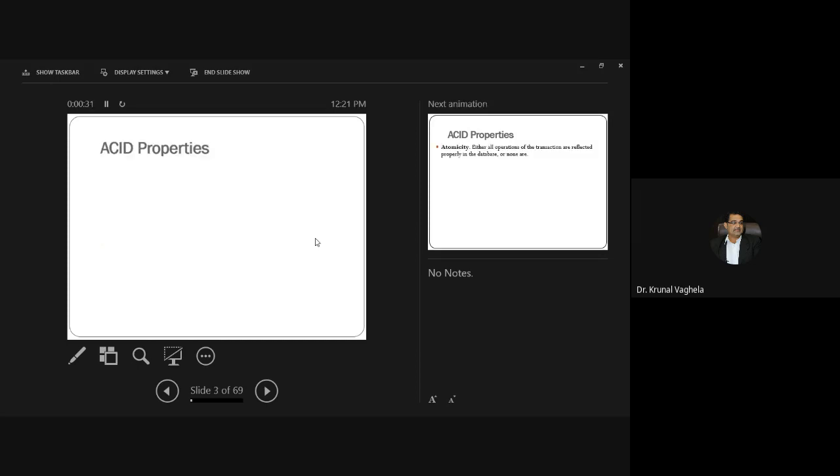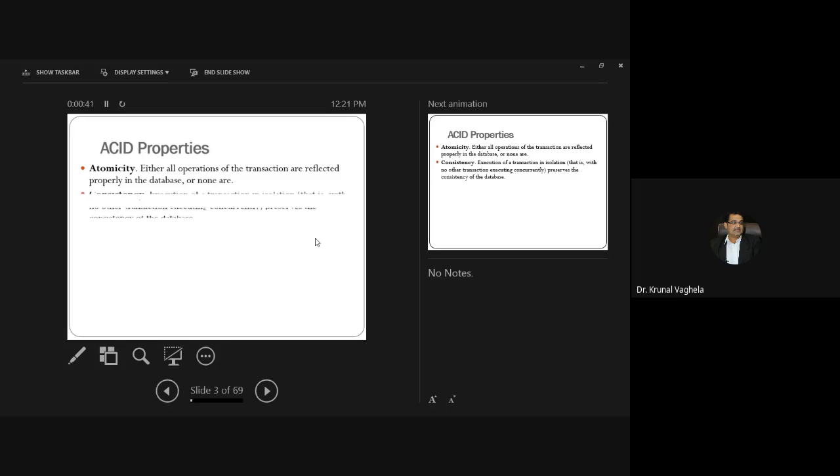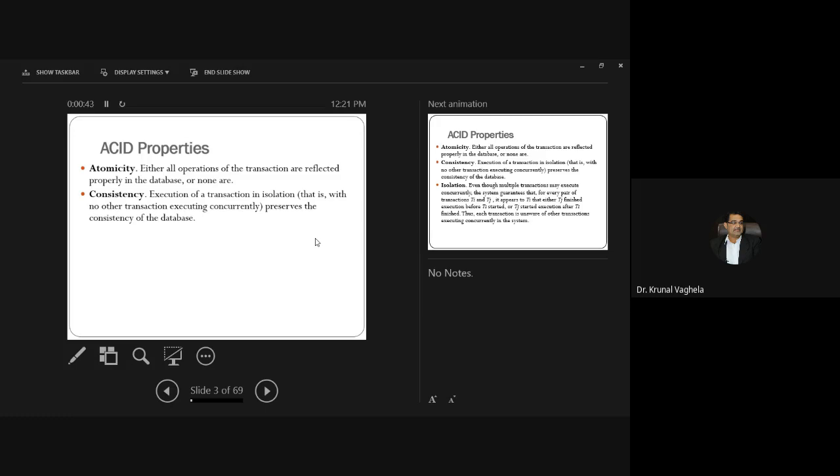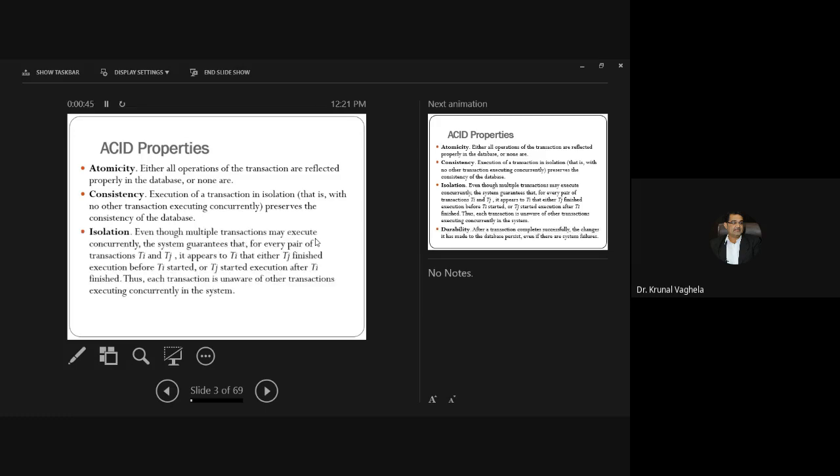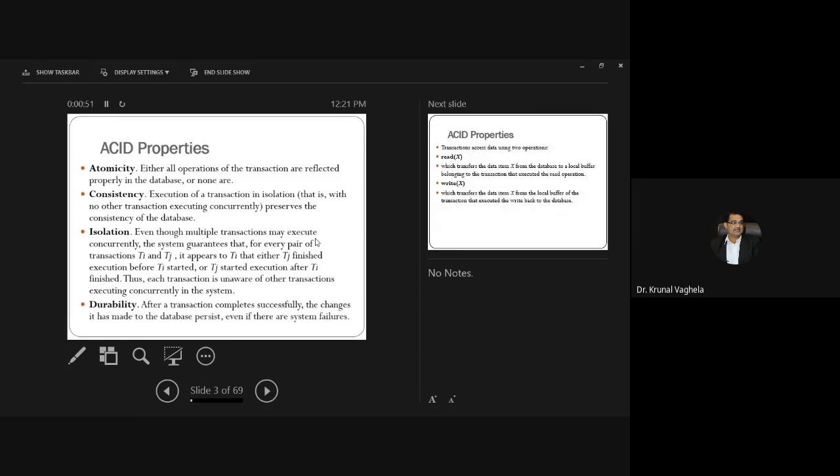Atomicity: a transaction should be either complete or not at all, there should not be any partial transaction. Consistency. Isolation, meaning when the transactions are executed in parallel. And durability: in case of failure also, the transaction system should be able to recover the original values of the database.